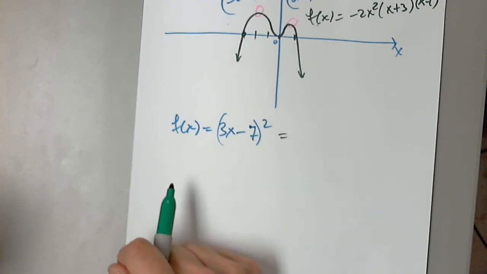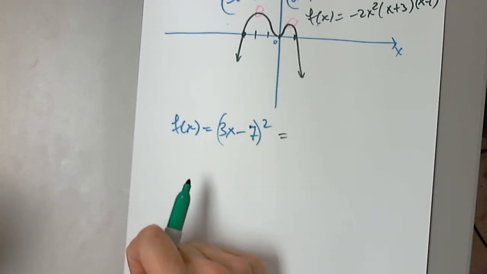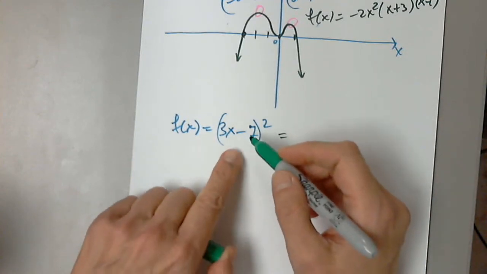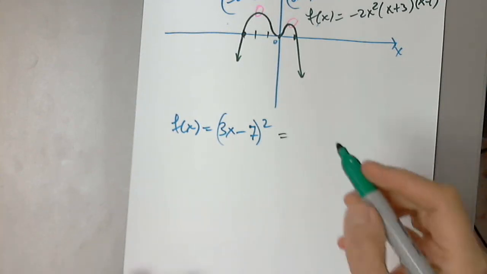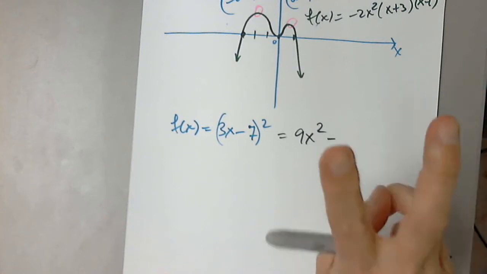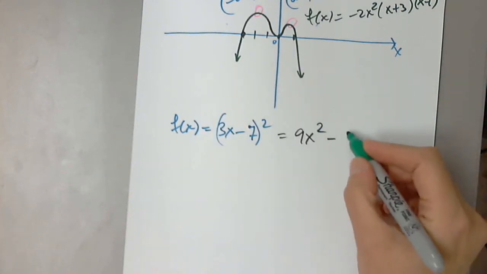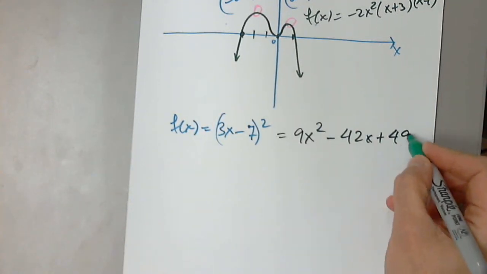We cannot identify the vertex from this form. So, how many terms will you get when you expand a binomial? First term squared, minus 2 times the first times the second, plus the second term squared.